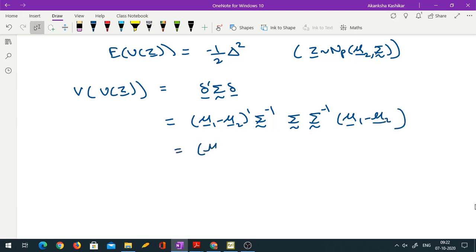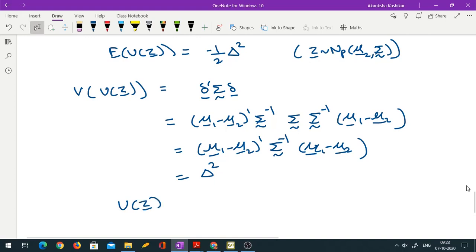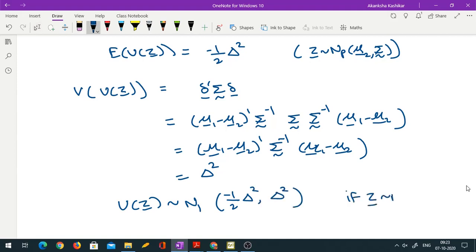So I am left with (mu1 minus mu2) prime sigma inverse (mu1 minus mu2). So the variance is again delta square, the squared Mahalanobis distance. So uz follows univariate normal with mean minus half delta square and variance delta square if z comes from Np(mu2, sigma).